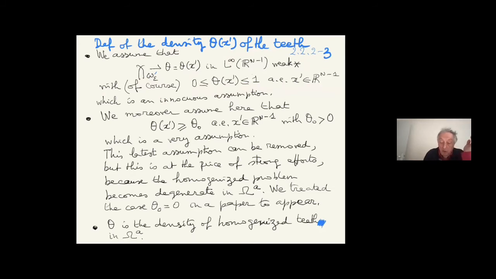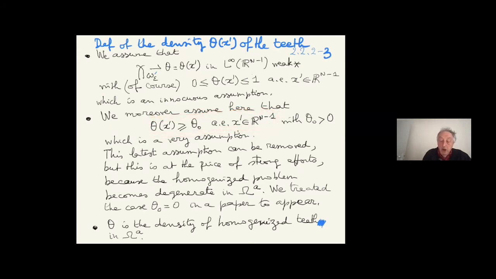This is a free-of-charge assumption because I can always extract a subsequence epsilon prime such that this works for some theta between 0 and 1. And now I make a real assumption. The real assumption is that there exists a theta_0 strictly positive such that theta of x prime is always more than theta_0, always in R^(n-1).